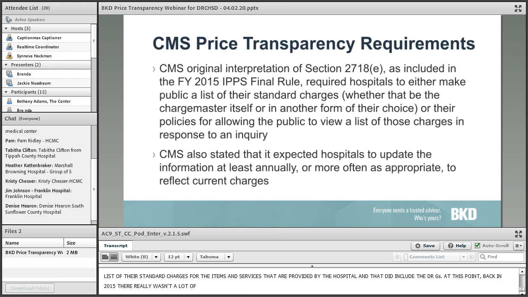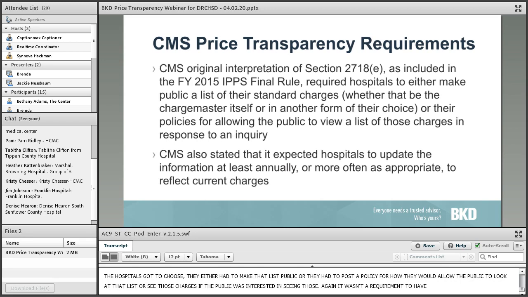Back in 2015, there really wasn't a lot of definition. It wasn't well defined what any of this meant. In CMS's original interpretation in the IPPS final rule in 2015, it said that hospitals either had to make public a list of their standard charges, which could be a chargemaster or some other form the hospitals got to choose, or they just had to post a policy for how they would allow the public to see those charges if the public was interested.